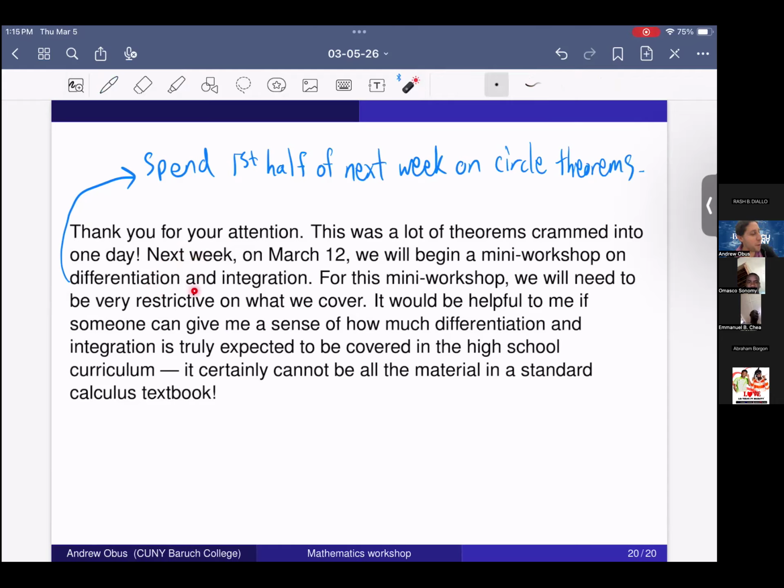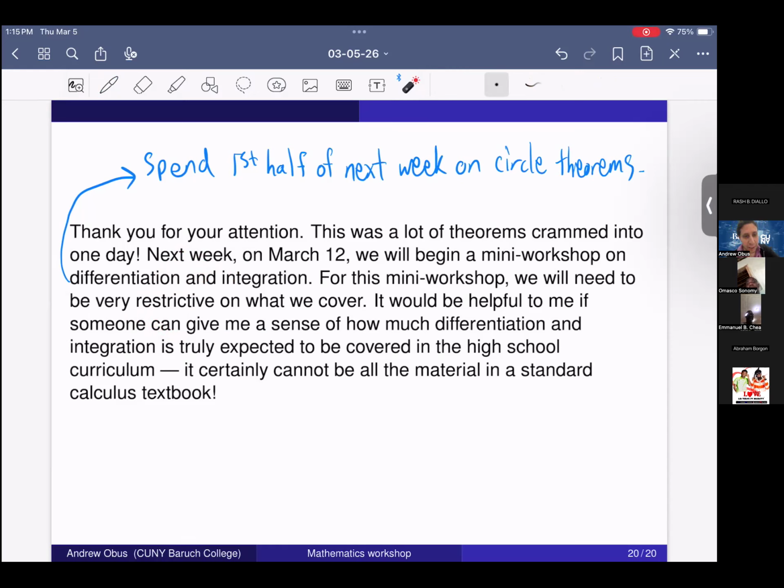Now, you can spend a very long time on differentiation and integration, and we're going to have to be restrictive on what we cover. You are more familiar with the high school curriculum than I am. It has differentiation and integration as an element of the grade 12 curriculum, but I can't believe it would cover all of the material in a standard calculus textbook.